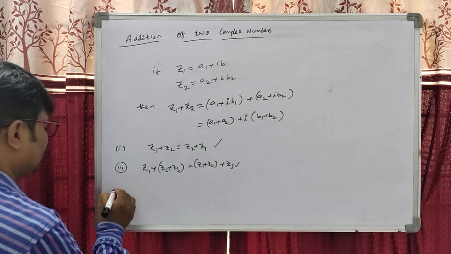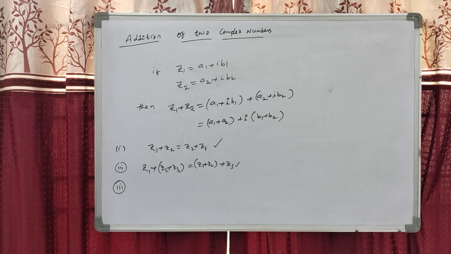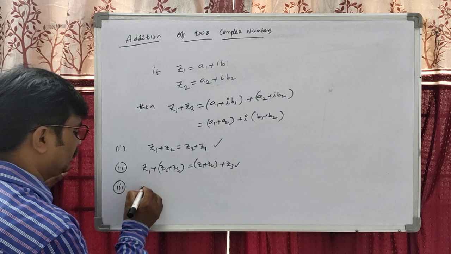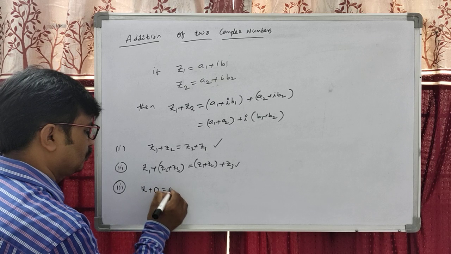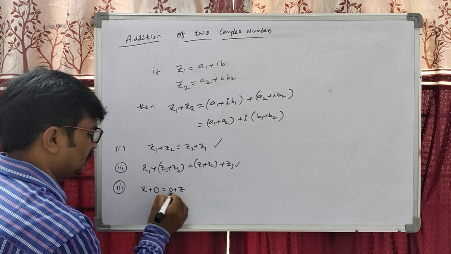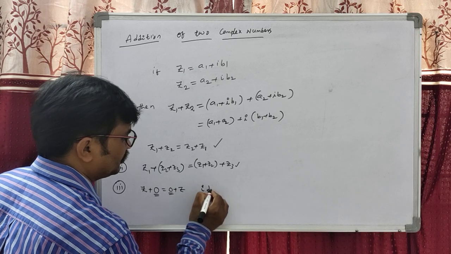Now the third one is called additive identity. Additive identity means Z plus 0 equals 0 plus Z. This 0 is called the additive identity.